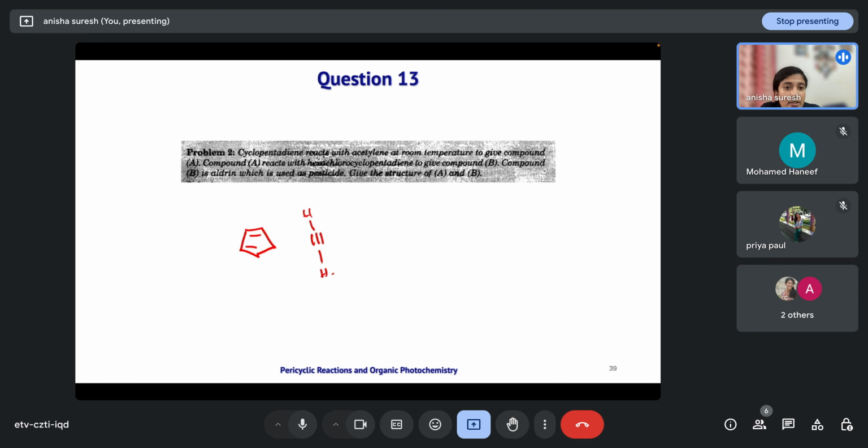It will react at room temperature to give compound A, and compound A reacts with hexachlorocyclopentadiene, which is this one with six chlorines, to give compound B. Compound B is aldrin, which is used as a pesticide. We are asked to give the structures of A and B. How will it be?